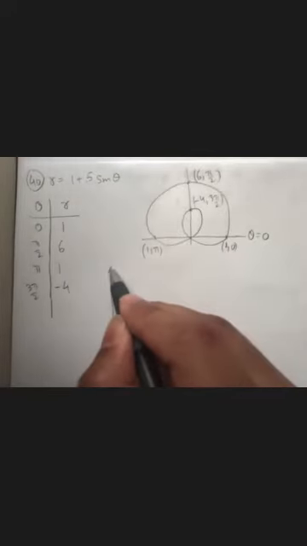Now, once you have r, you can also draw a graph of r. And we have to draw it every time, because the question asks 3 things: the main sketch, the table, and then graph of r.